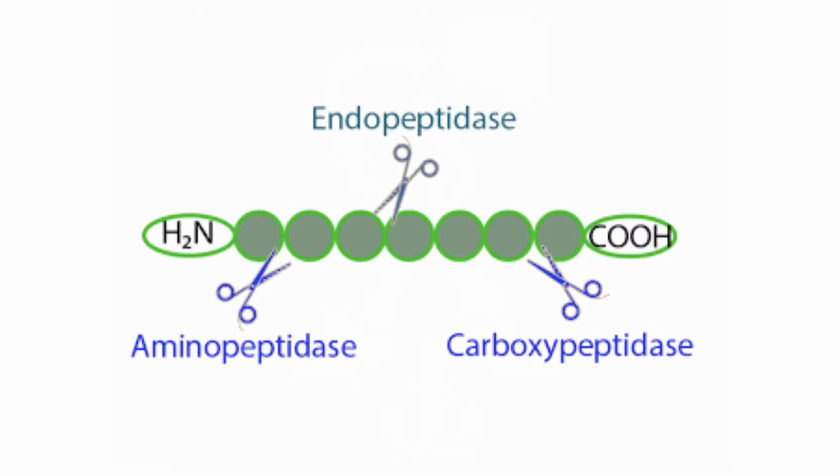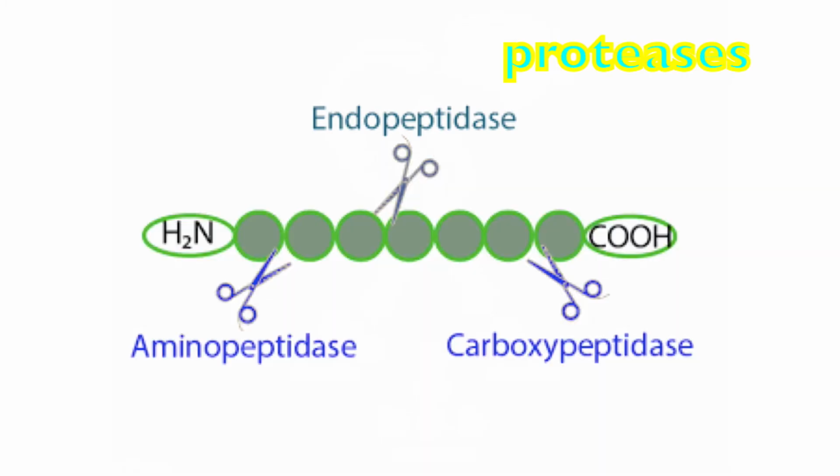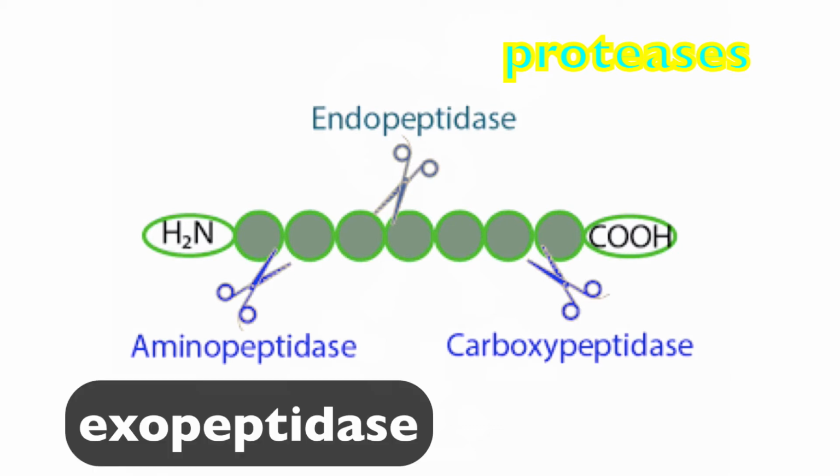There are a number of different enzymes that break proteins down. There are endopeptidases that are also known as proteases that cleave the proteins in the middle, whereas exopeptidases cleave at the very end, as we see here with the aminopeptidase and the carboxypeptidase.